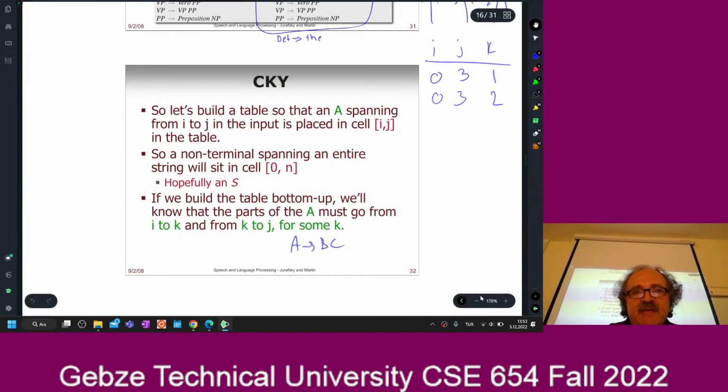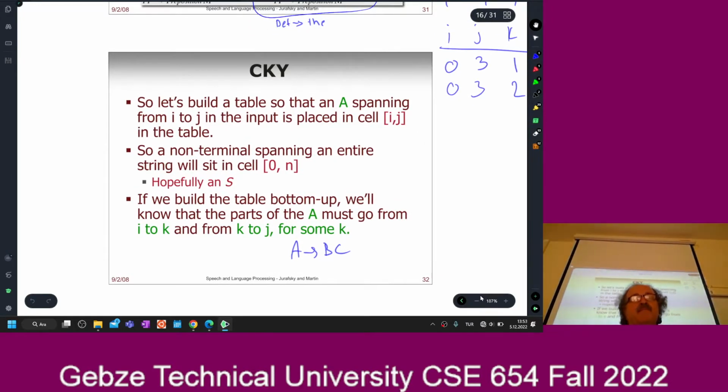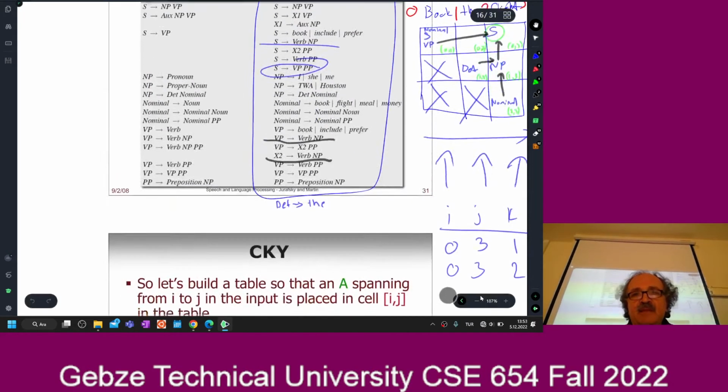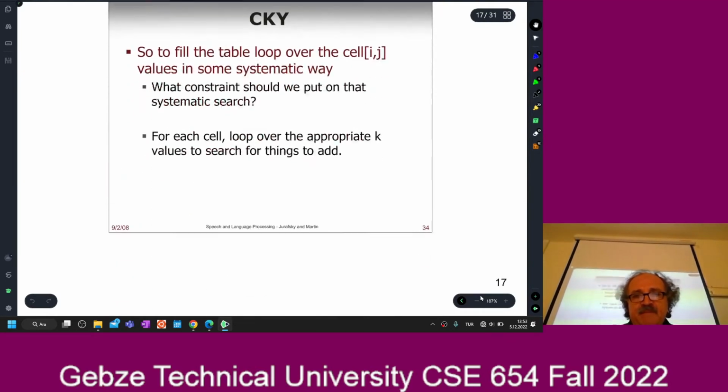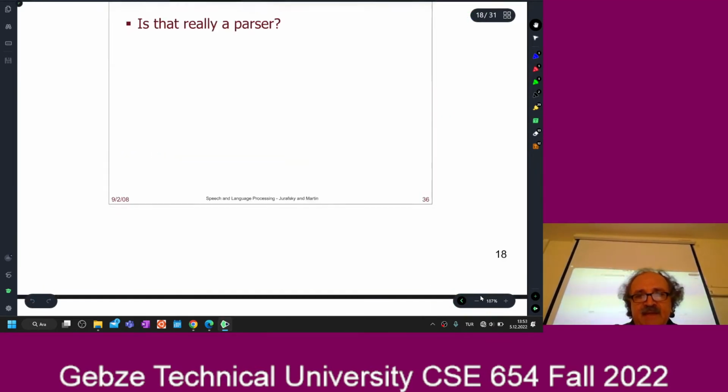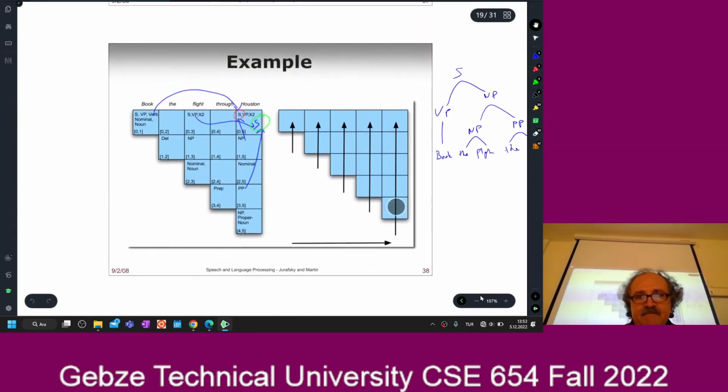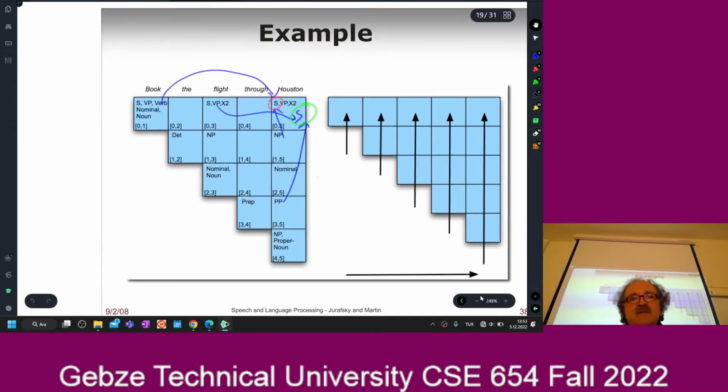CKY says that I am going to make a parsing table, like this. Each of these boxes, in this half table, this triangle table, will represent word groups. This one represents the words between 0 and 1, that is "book".